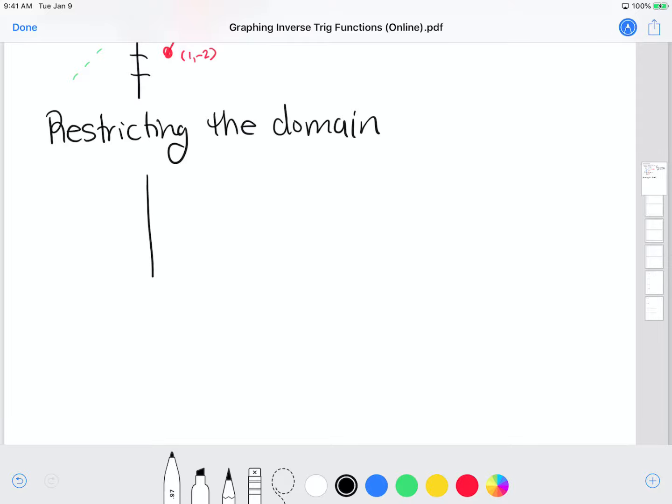So for example, if I graph our well-known function, x squared, this is definitely a function because it passes the vertical line test.